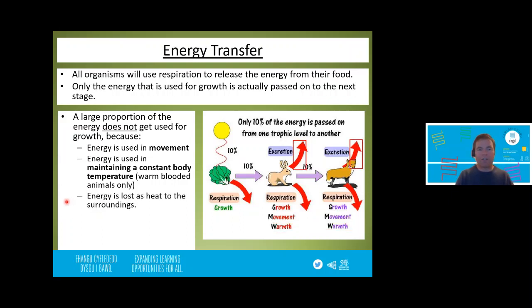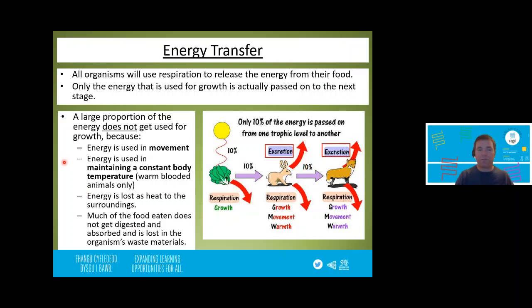Also, energy is lost as heat to the surroundings. So again, it's not perfectly efficient. When energy is lost as heat, though, there's no way that energy would be passed on to the next stage in the food chain. And also, there's an awful lot of food that's consumed which does not get digested, doesn't get absorbed, and therefore is lost in the organism's waste materials.